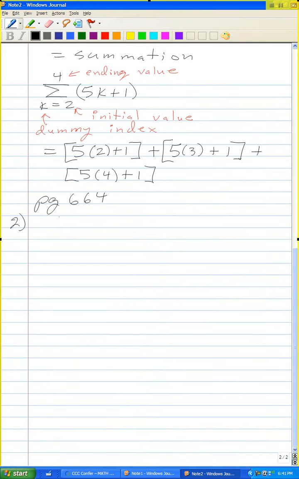I have here the sum n equals 1 to 8 of 2n plus 3. In exercises 1 through 12, write the series in expanded form.